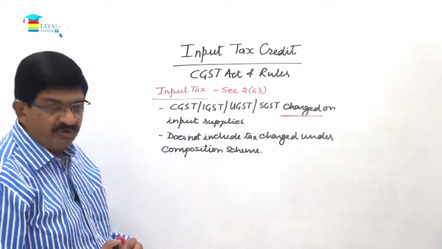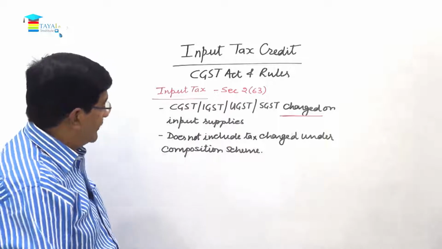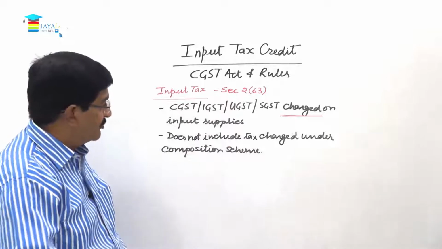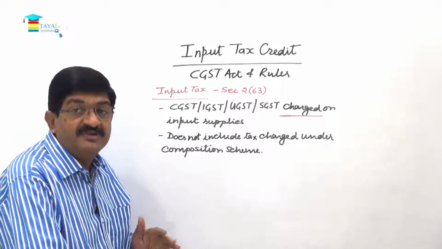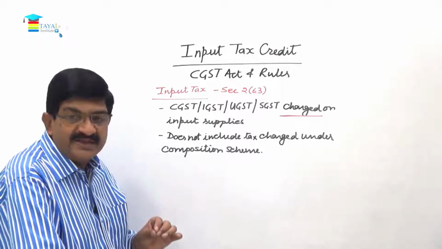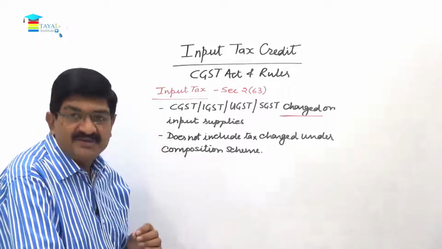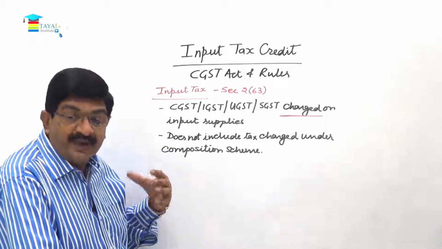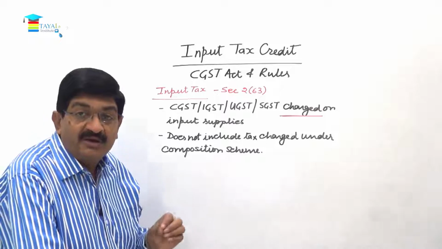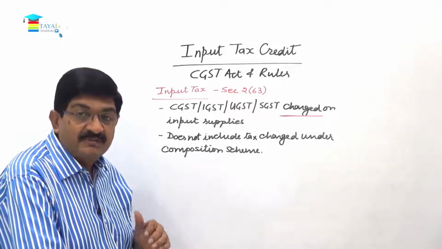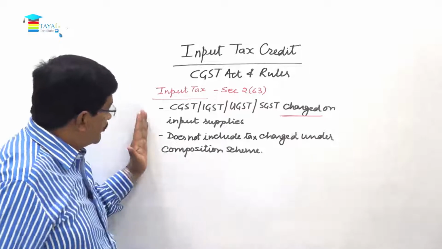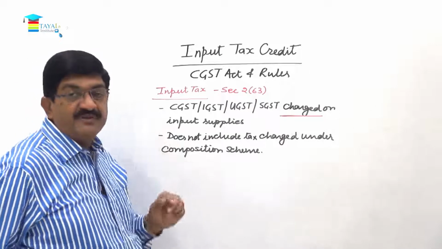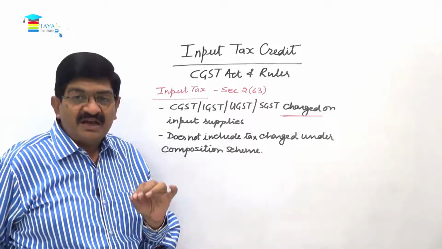So friends, composition scheme, some of that part we have already discussed before. So composition scheme is a scheme where the registered person pays tax on the basis of the turnover, not exactly which is applicable for every supply. So he has to pay tax on the turnover, but he cannot recover that amount of tax by showing it separately in the invoice from the customer. So this is the amount which is paid under the composition scheme, for which credit will not be available.